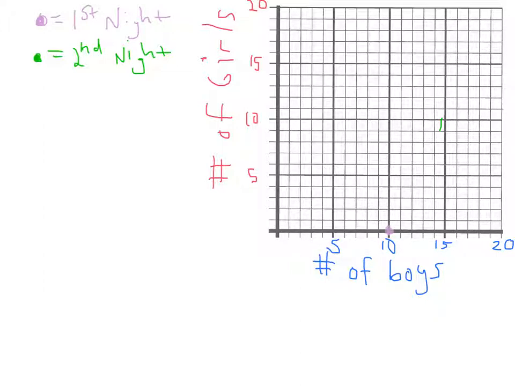We said if there was 5 boys, there were 10 girls, and if there were 0 boys, there was 20 girls. Okay, and if I were to draw a straight line here, I'd graph my equation.